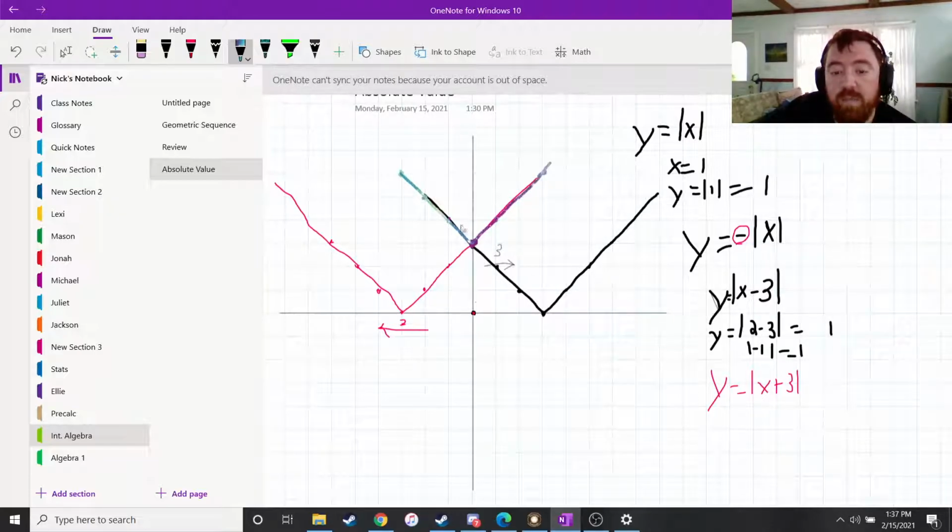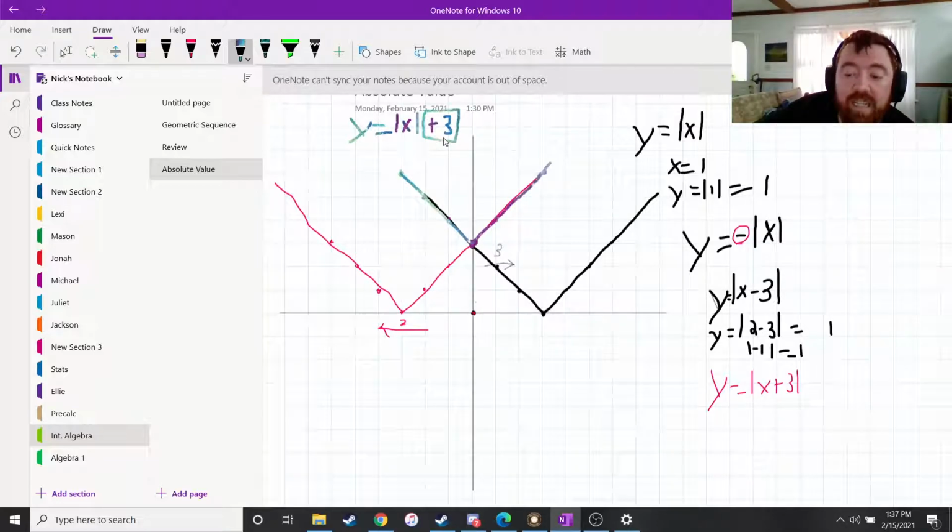To do this, my equation would be y equals the absolute value of x plus 3. So when you're moving it vertically, the direction you move is going to be the exact same direction as the sign of our translation, the sign of our movement. Since this is a positive 3, I'm going to move it up 3.